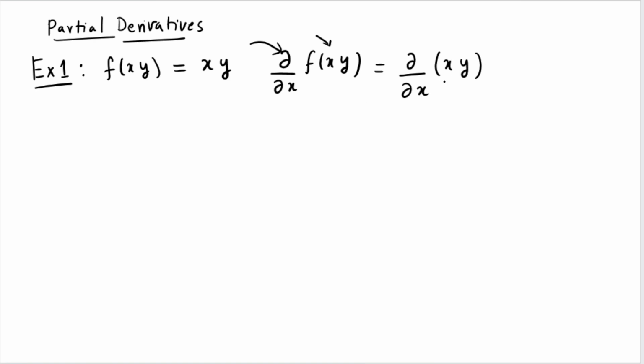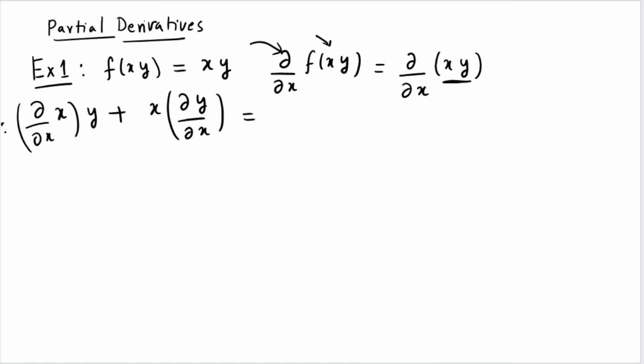Now, this is a product of two functions. So therefore, we will use the traditional product rule of derivatives and write ∂/∂x of x times y plus x times ∂/∂x of y.